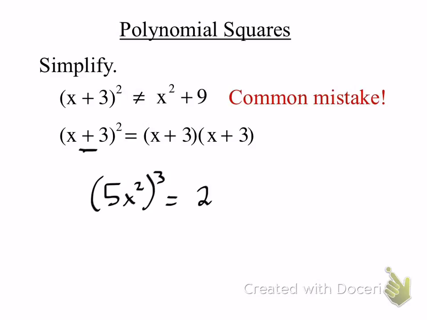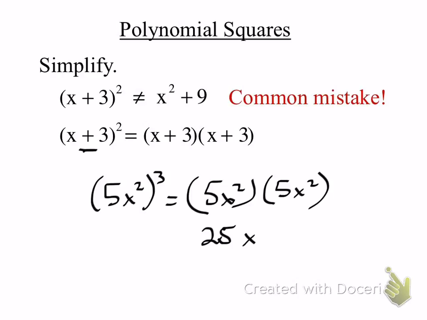5 is squared, because really what this means is this: 5x squared times 5x squared. Do you understand? Yes or no? And that is 25x to the 4th. Oh, sorry, times 5x squared, which really means 125x to the 6th.